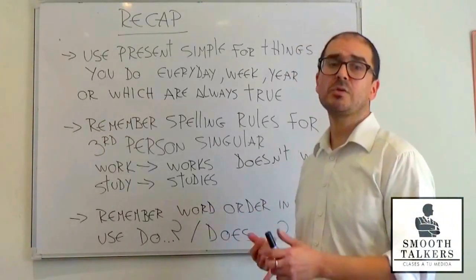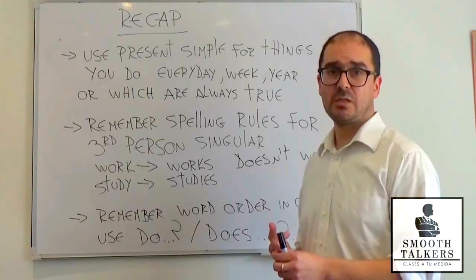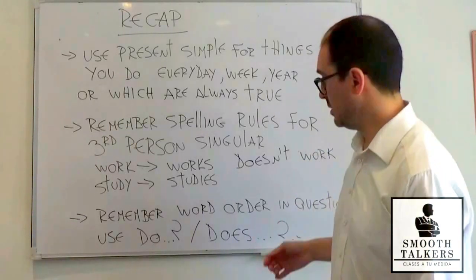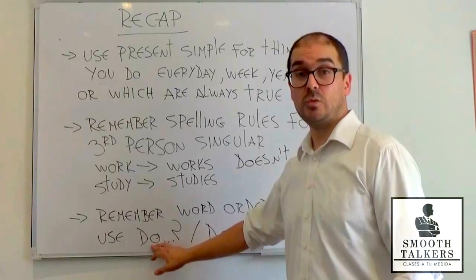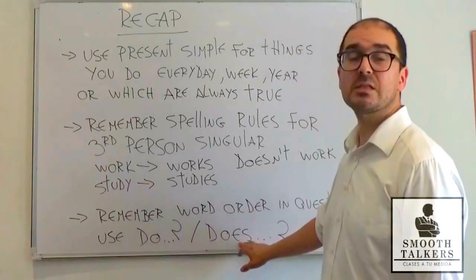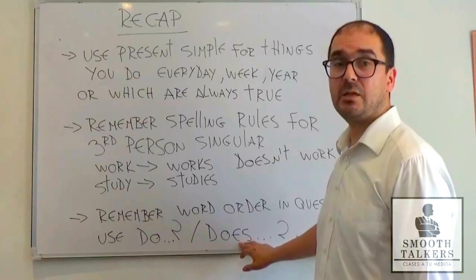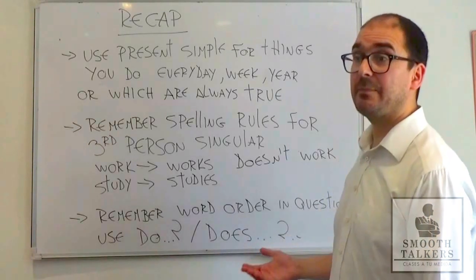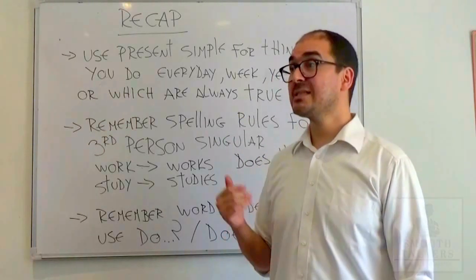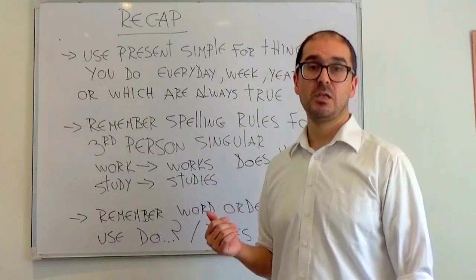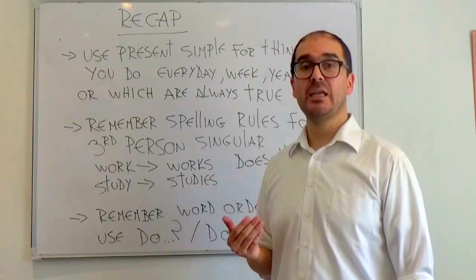Question word, auxiliary verb, subject, and then the infinitive. And the auxiliary verb for present simple is the verb to do. So, questions in present simple always contain the verb to do. For example, do you work here? Does he work here? Does she study English?